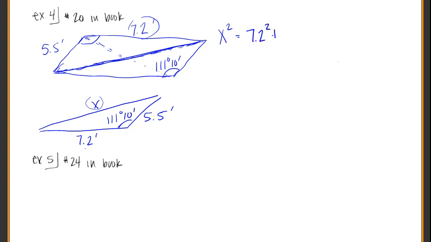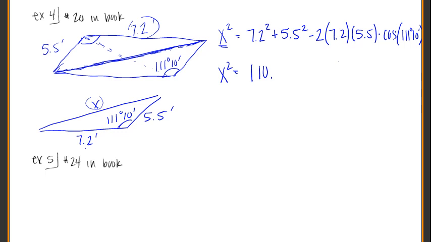So 7.2 squared plus 5.5 squared minus 2 times those multiplied together, and then times cosine of the angle opposite the side that you're looking to find, which in this case is 111 degrees and 10 minutes. Okay, and all we have to do is plug all that in your calculator, and we'll get x squared equals, I get 110.6877 and some other numbers.